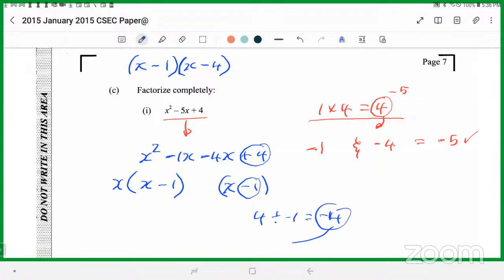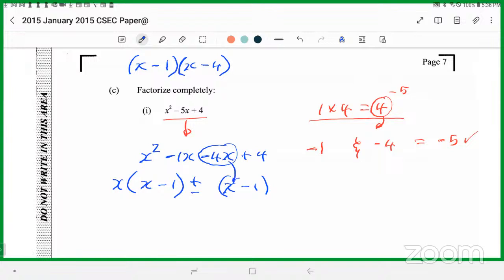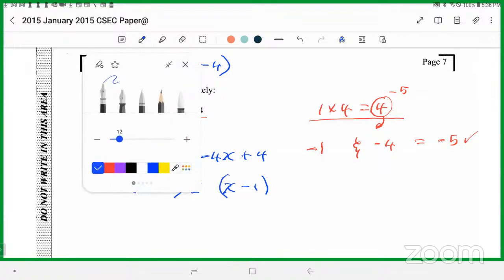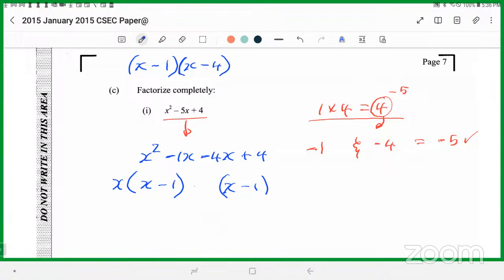Or you can instead divide this negative 4x by the x, which leaves me again with a negative 4 inside there. So I know that I need a negative 4 inside there.